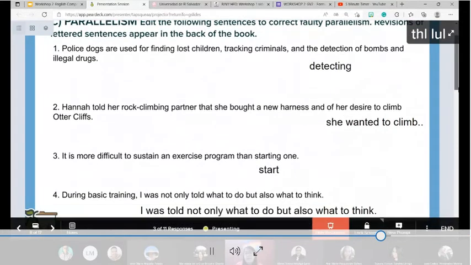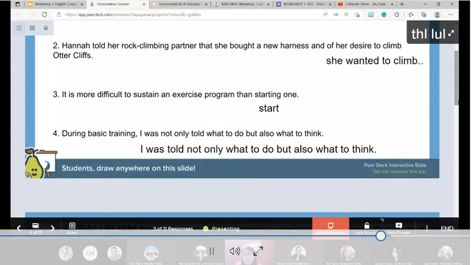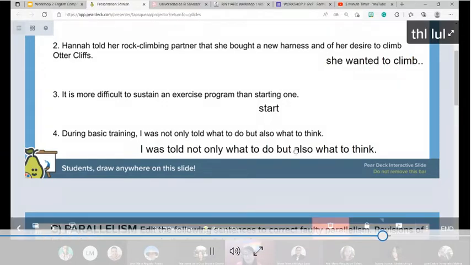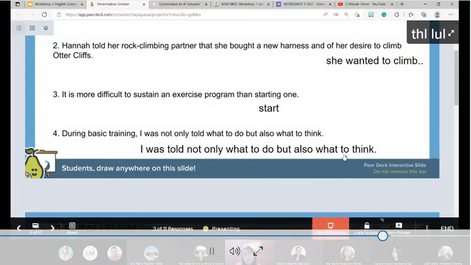And if we are using verb conjunctions, we must be sure that every conjunction has exactly the same grammatical categories next to it. I was told not only what to do, but also what to think. And this is the mirror: what to do, what to think.